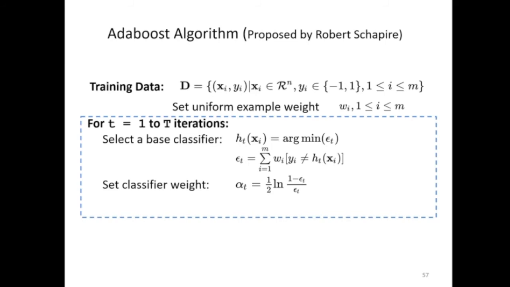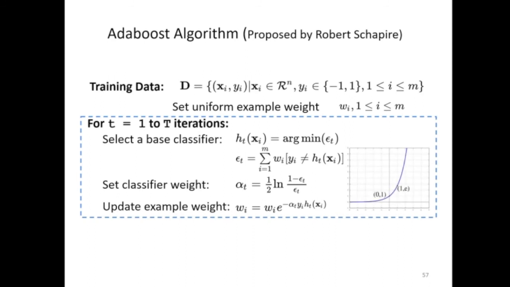It's controlled by the error you just got from the specific base learner you just learned. And you are also updating the weights on each example based on your current predictor. If it made a wrong prediction, you give really high weights to those examples that got predicted wrongly.